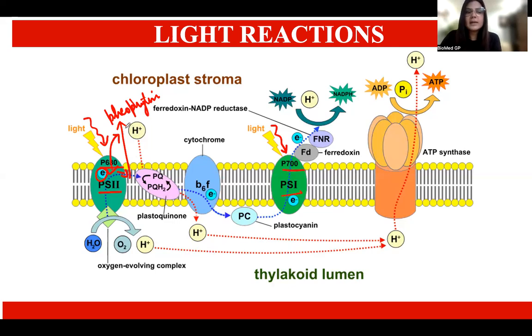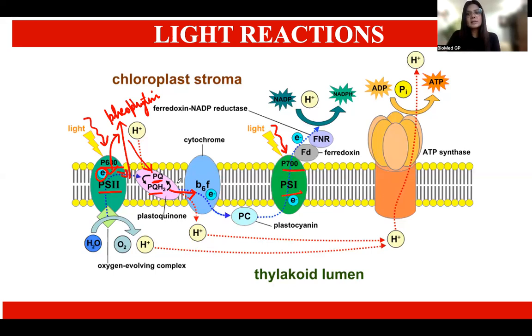Now this pheophytin has an extra electron. This electron will now be donated to the next acceptor molecule, which is known as the plastoquinone. Now plastoquinone, here you can see that this is the oxidized state of plastoquinone. It takes up the electrons and goes into its reduced form, and hence now it has more electrons. Now these electrons from the plastoquinone will be carried forward to the next acceptor molecule, which is called the cytochrome B6F.